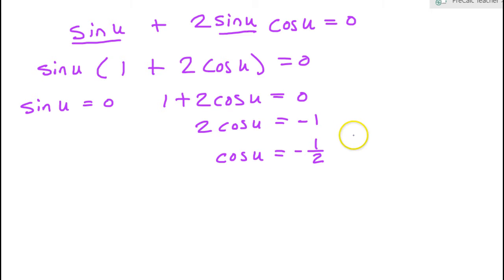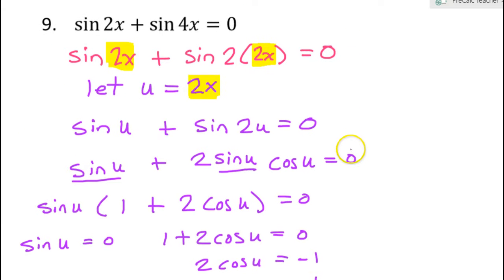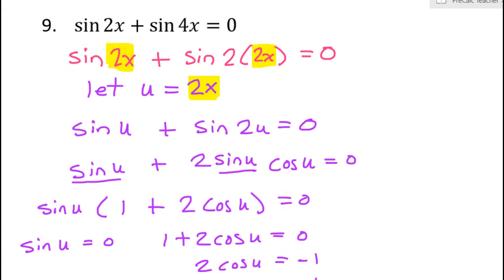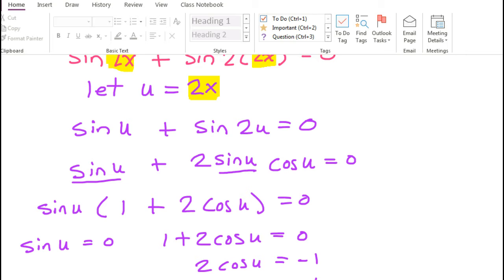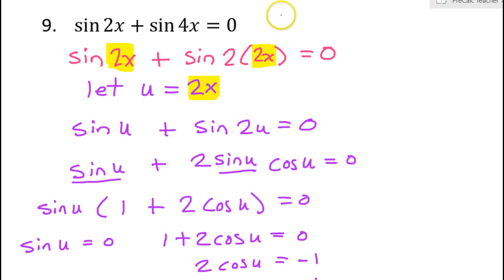Now, I need to be really careful about my next step. When we first started solving these problems, if I look back at the directions, they are going to say we're going to solve for x values that are on the following interval.